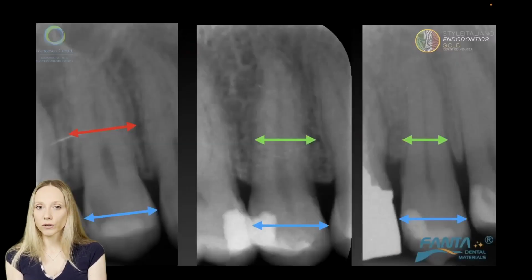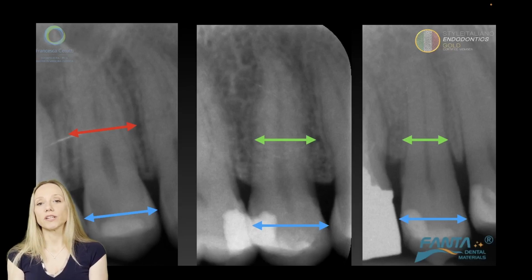And then when you take the X-ray, look at it carefully, because in general premolars have a thin root in the middle third, and this dimension is smaller than the dimension of the crown.